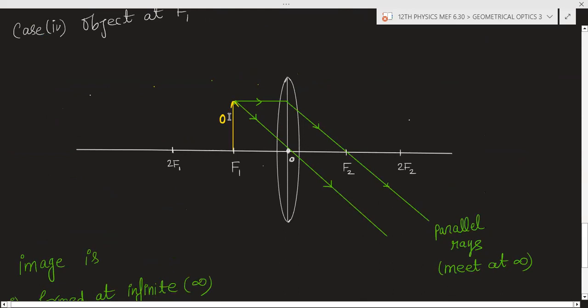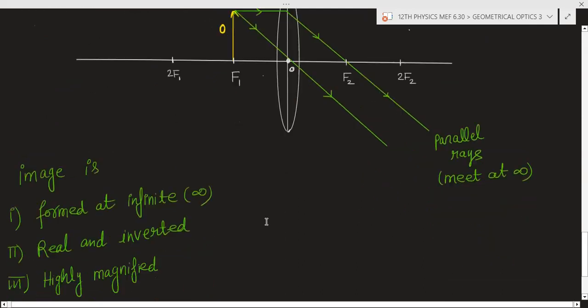So when you are placing the object at F1, the image is formed at infinity.